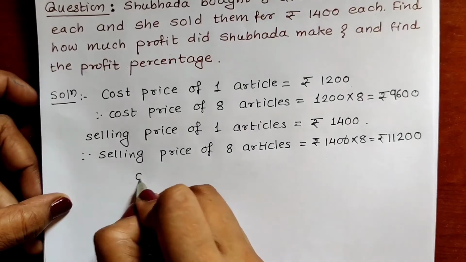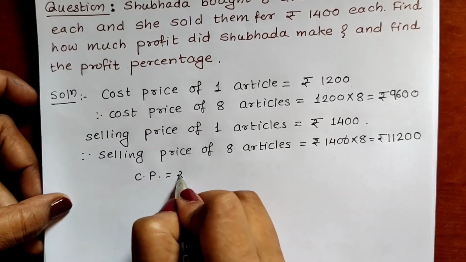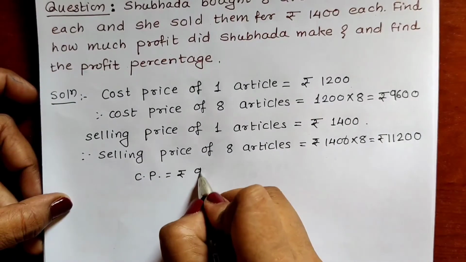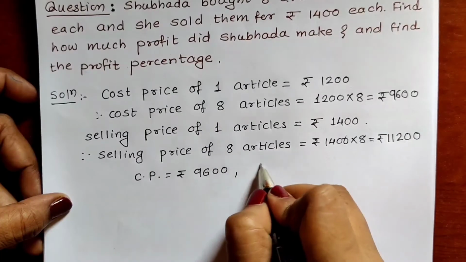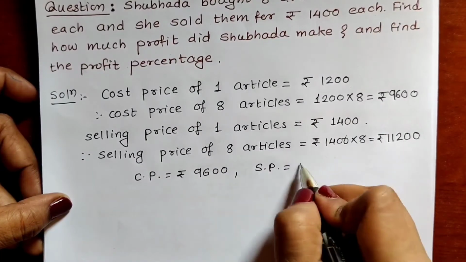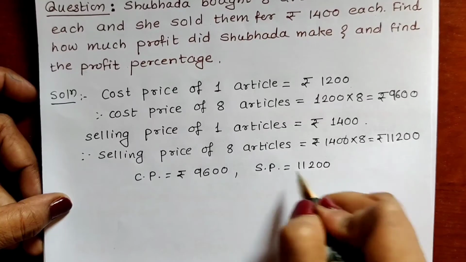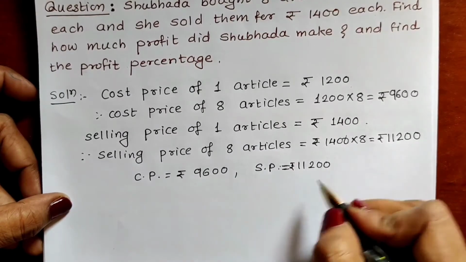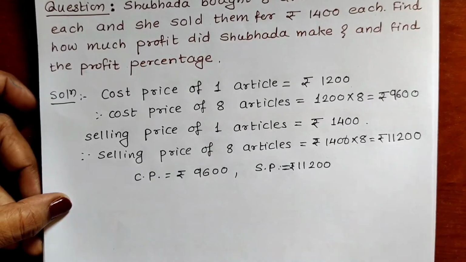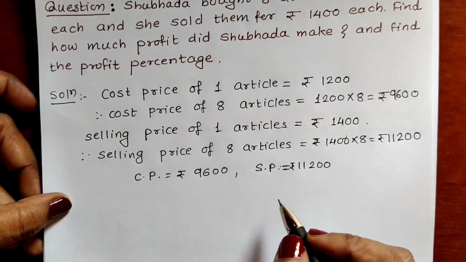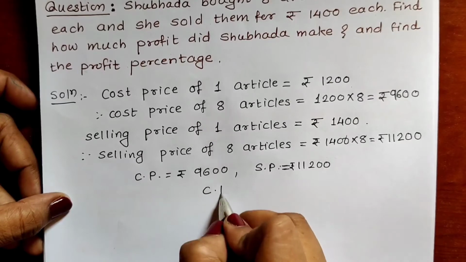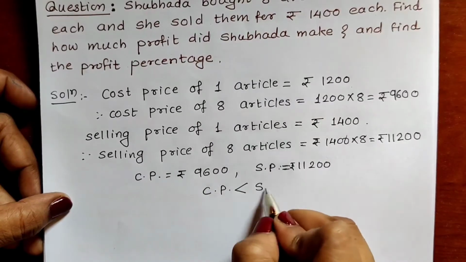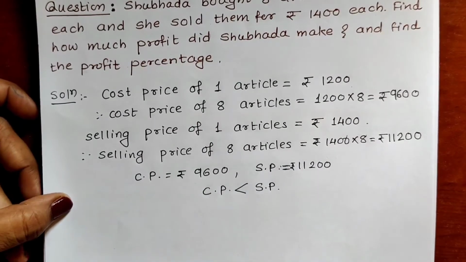Let us write: cost price is equal to rupees 9,600. Selling price is rupees 11,200. Which is greater? Selling price is greater than cost price. Cost price is lesser than selling price, and hence there is a profit.